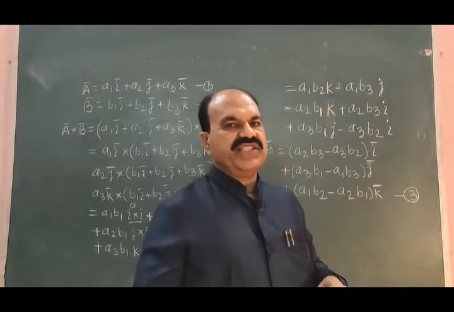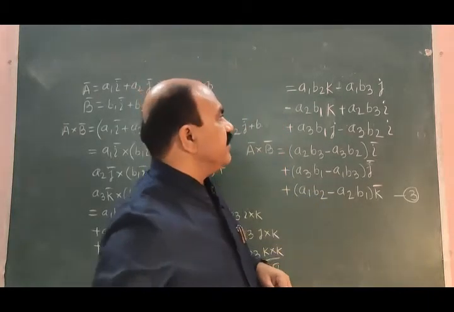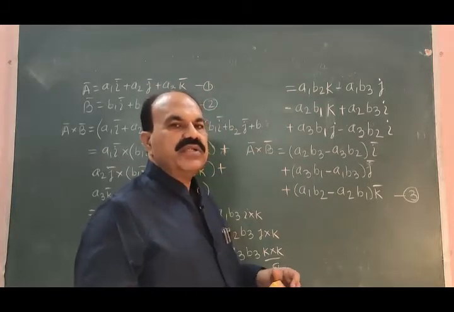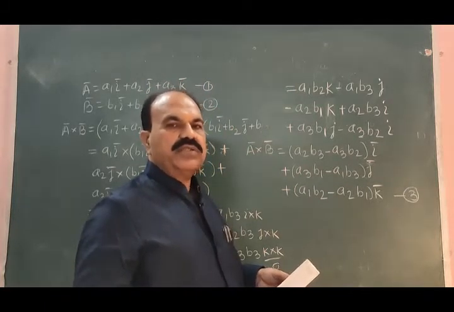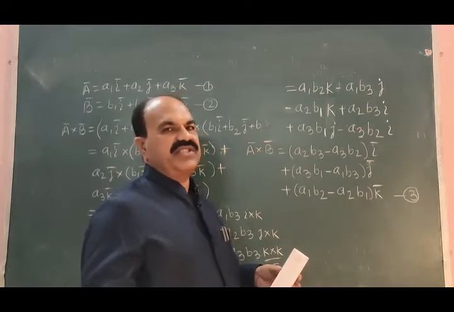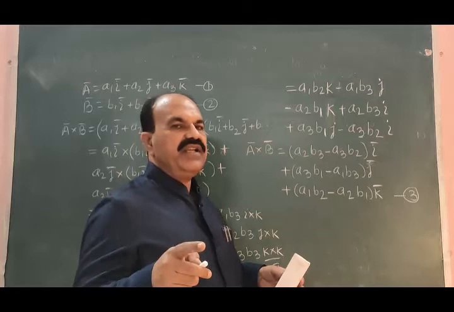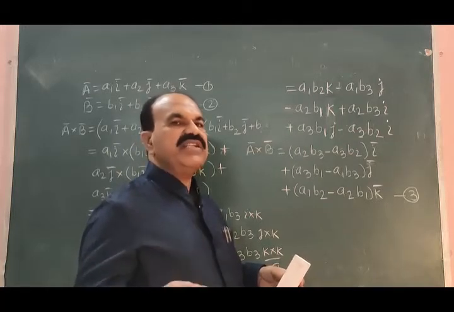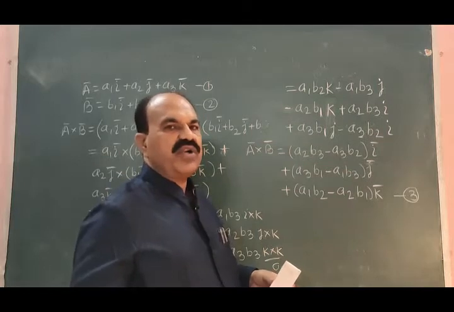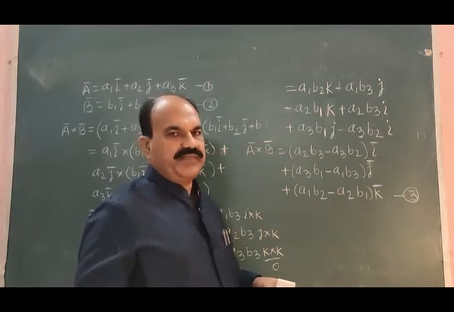One more method is there: getting cross product or vector product of two vectors using determinant. Let us see how determinant can be used to get cross product of two vectors.